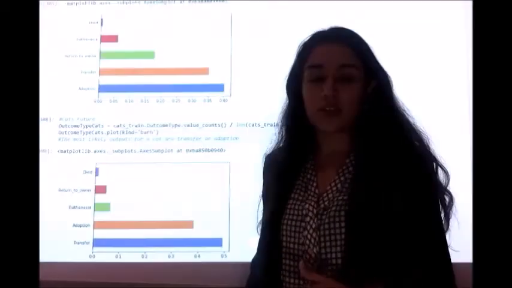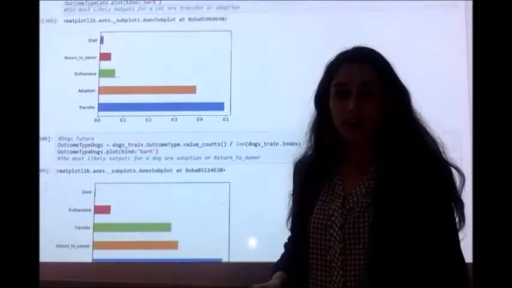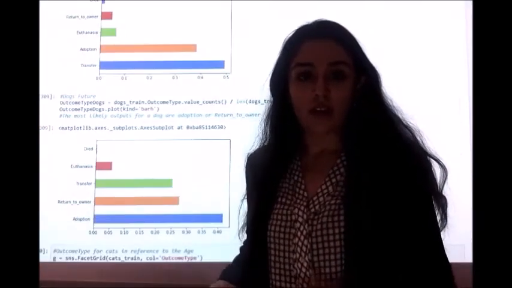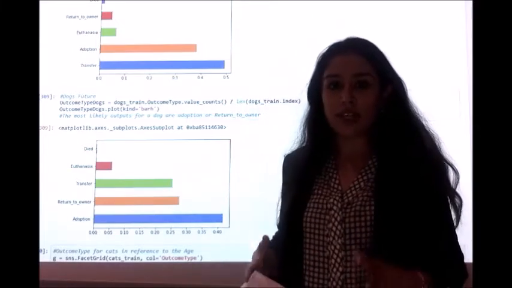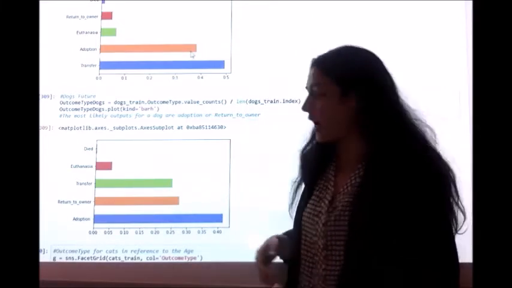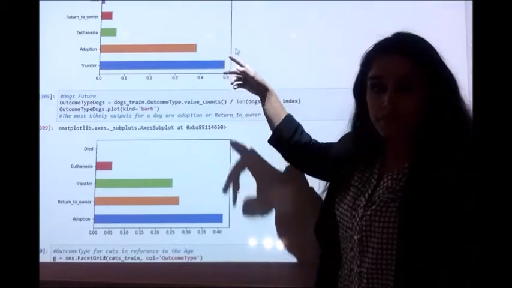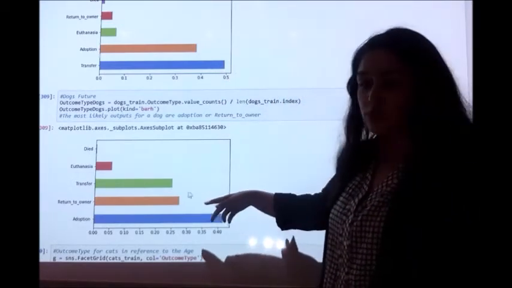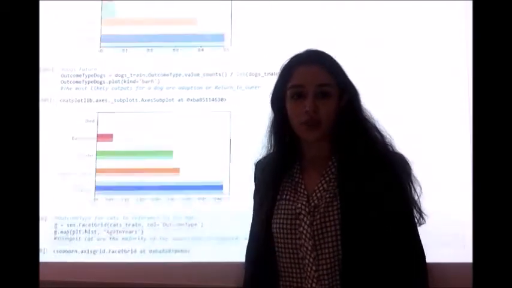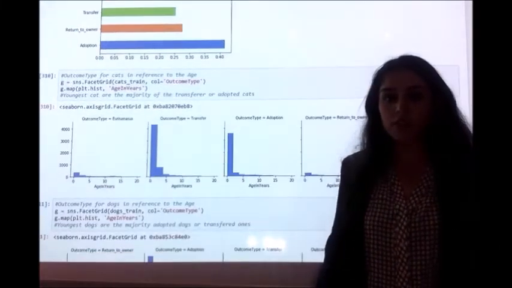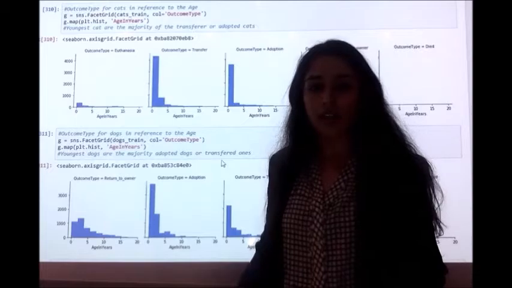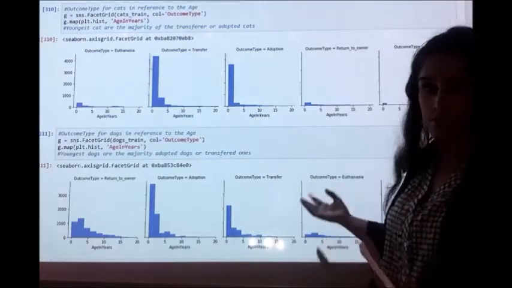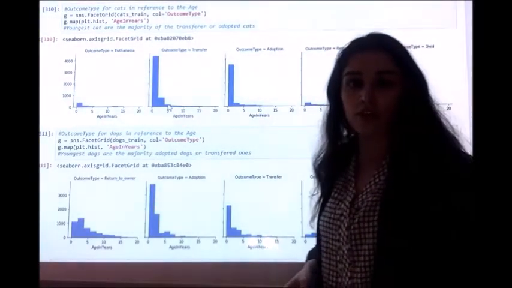However, we see that if we separate the cats from the dogs, the most likely outcomes for a cat are adopted or transferred, whereas for a dog, it's adoption or return to owner. For both cats and dogs, we can see they are more likely to be adopted or transferred the younger they are.